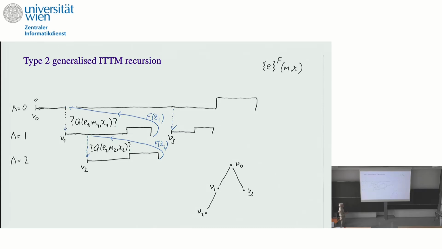And it makes a query, and it says, does the E1th machine on input M1, X1 converge? If so, and it converges to some Z1, what it's going to receive back is the functional that it's being recursive in is going to receive a value, integer value, f of Z1 back. And once it's received that, then it can continue along that top horizontal.